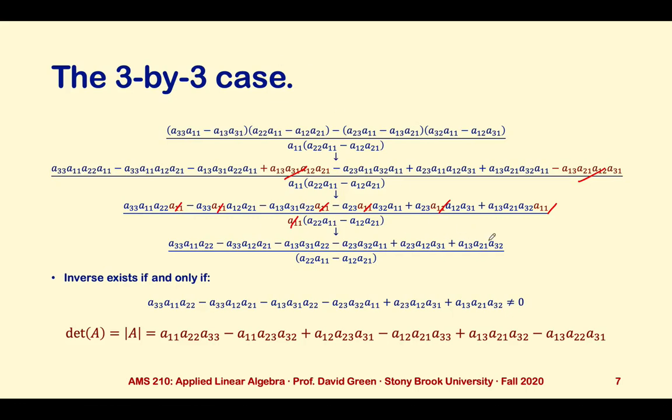This leaves us with, again, a ratio that can't be equal to 0. The inverse exists if and only if the numerator is non-zero, and this can be used to define an expression for the 3 by 3 determinant.